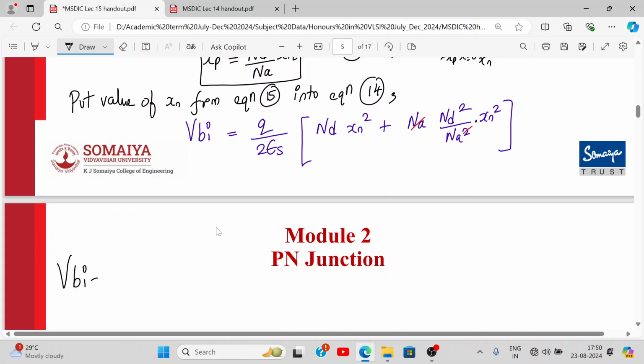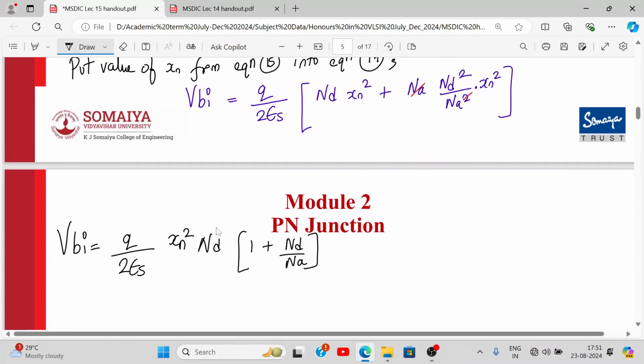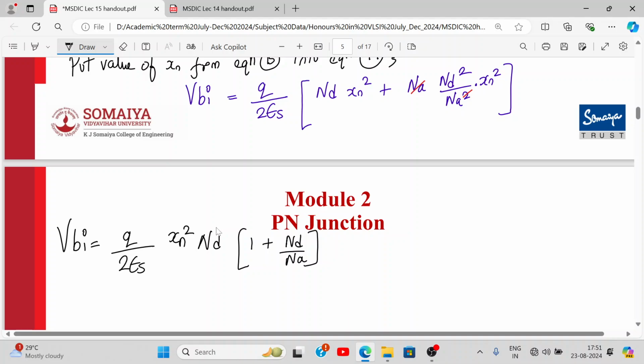VBI will be Q upon twice epsilon S. Can we take Nd xn square common? So what do we get inside? 1 plus Nd upon Na. Is that correct? So how can we simplify it further?